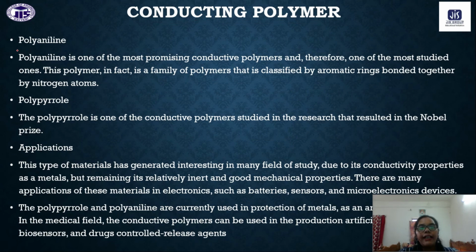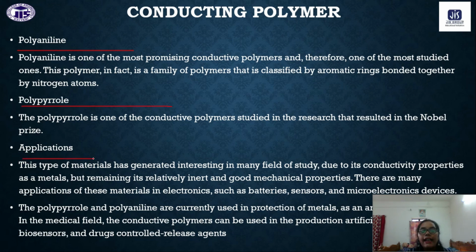So this is polyaniline, one of the examples of the conducting polymer. Again we will see the structure also. If we look at the structure, at that time you can understand why these polymers are conducting electricity. Polypyrrole. So these are some of the examples.